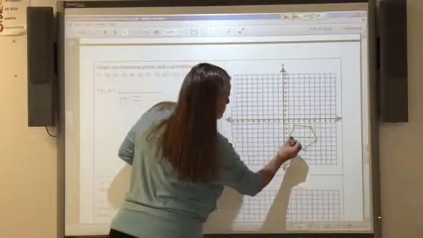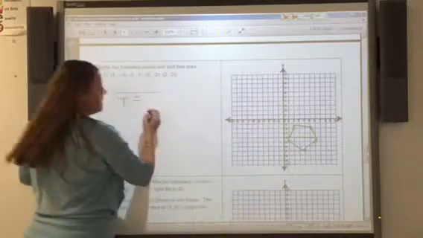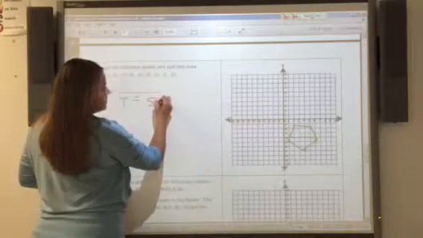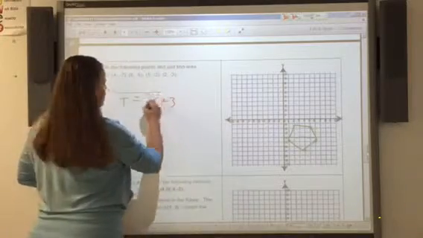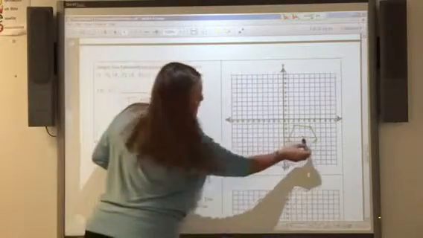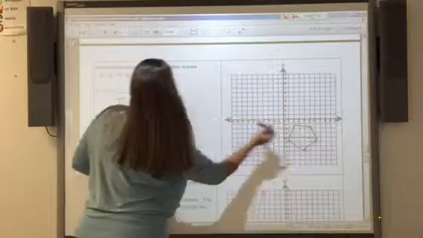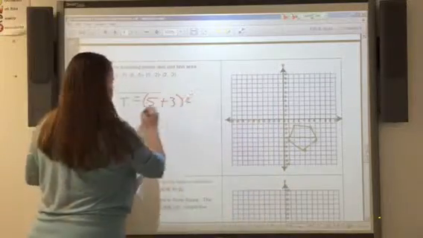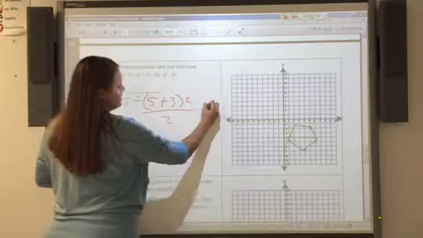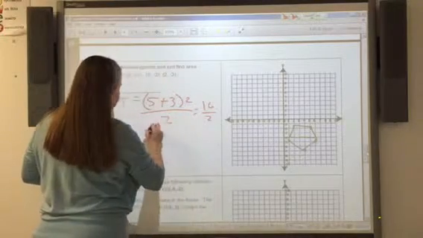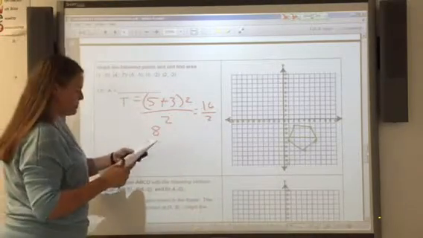So 1, 2, 3, 4, 5. My bases are 5 and 3. And the height is 2. So we have 8 times 2 is 16 divided by 2. So that's going to be 8 for the top section.